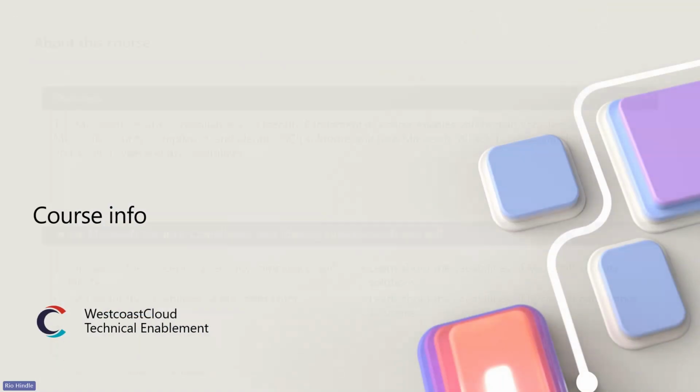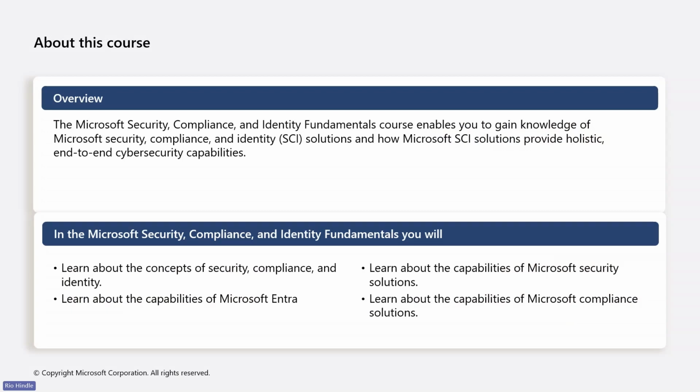In regards to the course info and what's needed to pass, the exam is out of 1,000 points. You need 700 to pass, which equates to 70% of the exam. It is multiple choice. You don't lose points for selecting options when you don't know the answer, so it's always worth giving it a go, and you'll always receive the results straight after the exam.